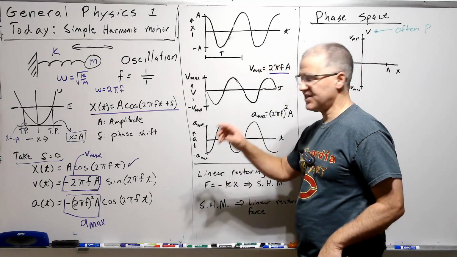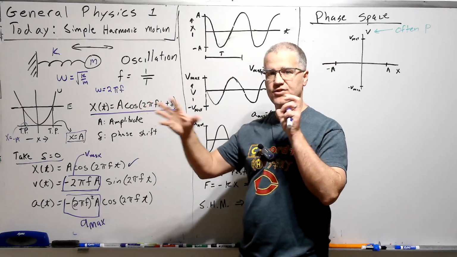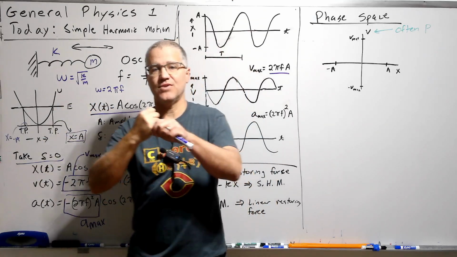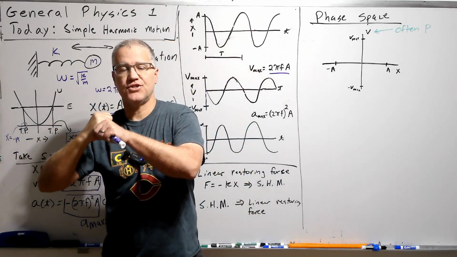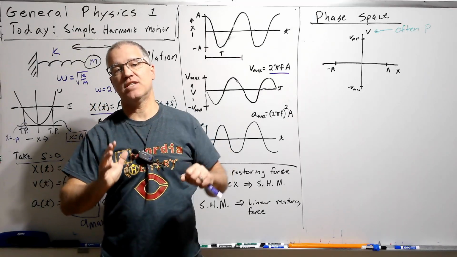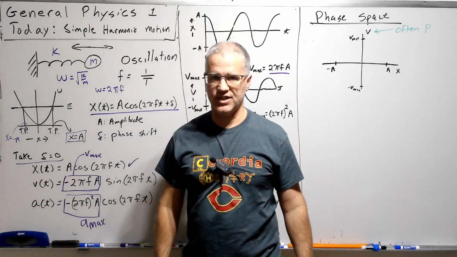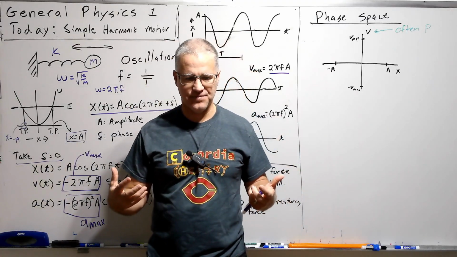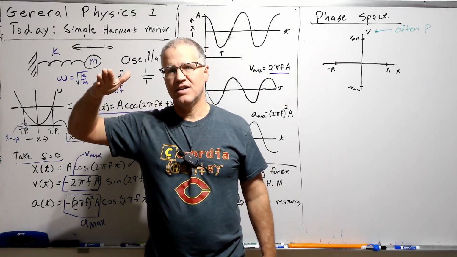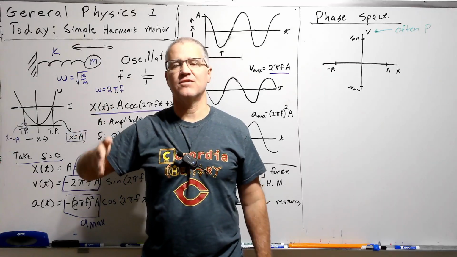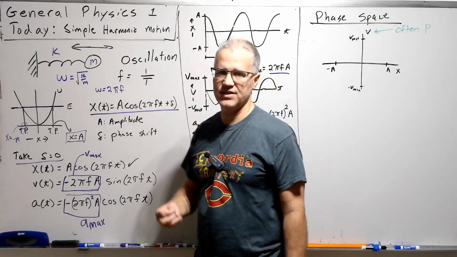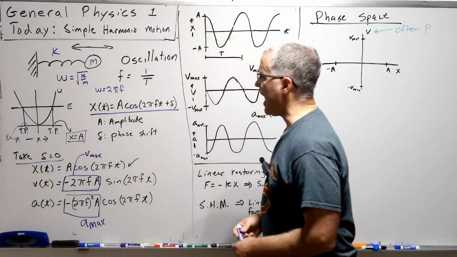The maximum acceleration in either direction is right when we let go, or right at the turning points, because that's when we have the most stretch in the spring, so the largest force, F equals ma, so that's going to be the largest acceleration. So good. This is another good example where it can be a little counterintuitive. The maximum acceleration is actually when the object itself, the mass itself, is stopped, is not moving.